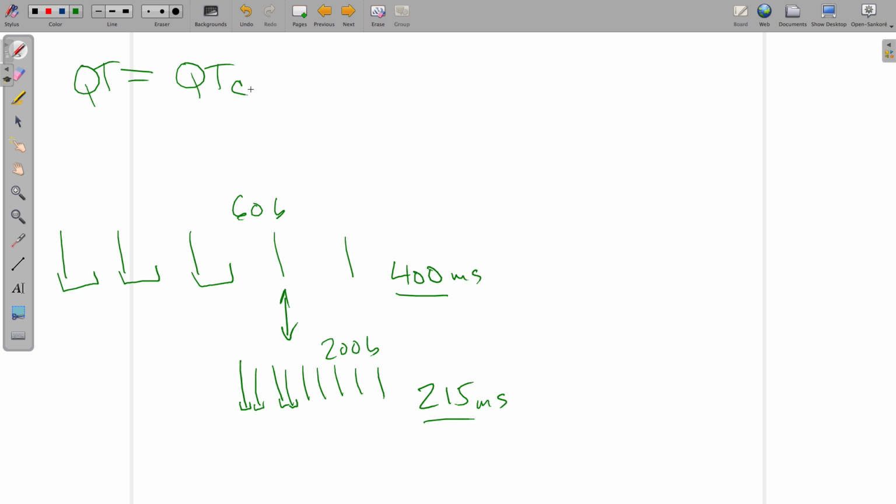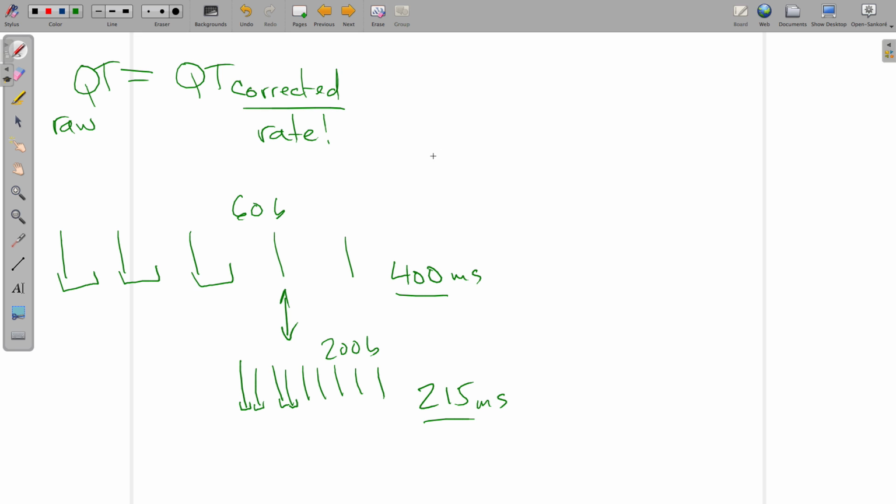And the QTC stands for the QT corrected. And what's it corrected for? Rate. So the QT interval is the raw measurement that you're actually going to count. And the QTC is the QT that's corrected for an underlying rate so that we can compare apples to apples.